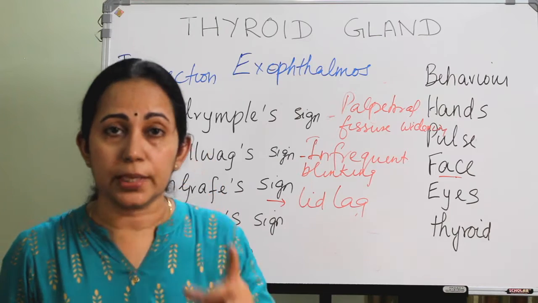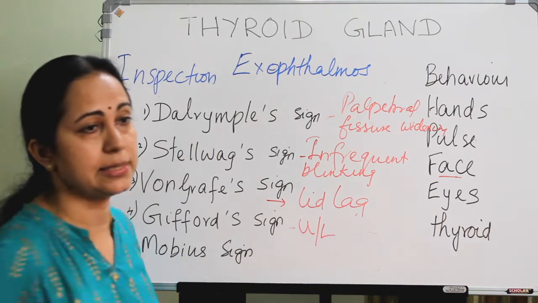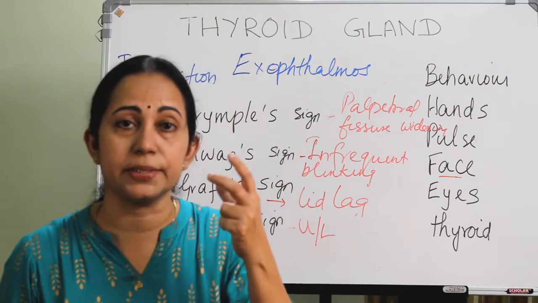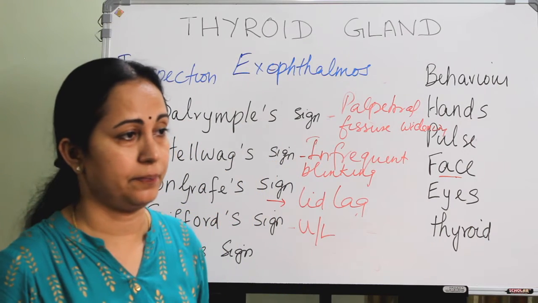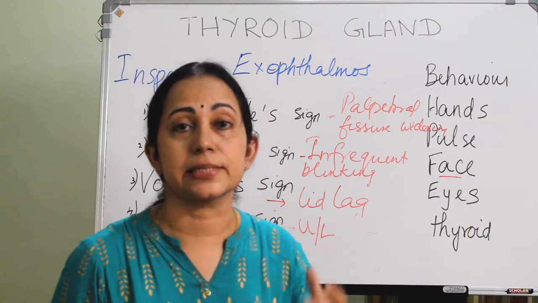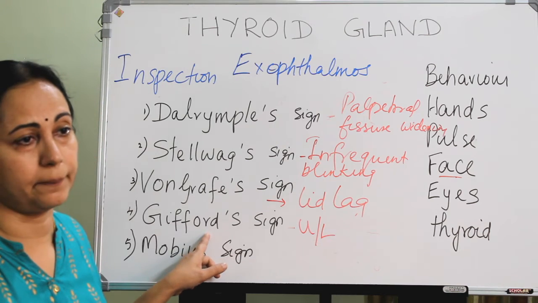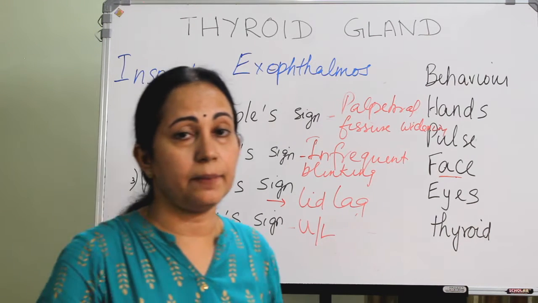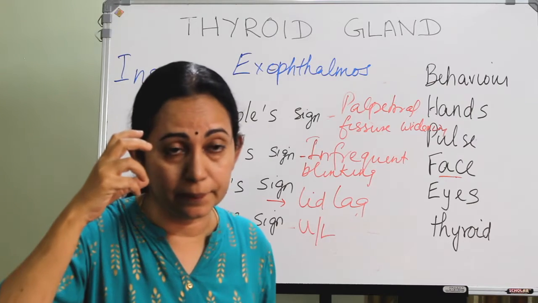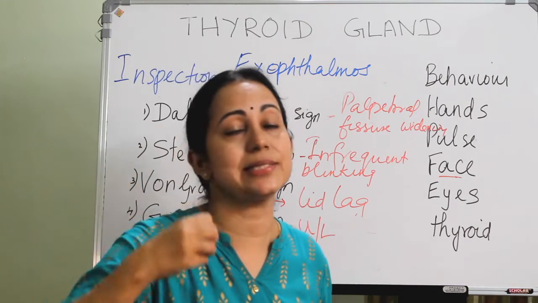And in unilateral cases, it has to be differentiated from intraorbital space occupying lesions, intraorbital or intraocular masses. So that is differentiated by using this Gifford sign. That is, if I am having exophthalmos of my right eye, I have to differentiate it from a space occupying lesion on the right side.